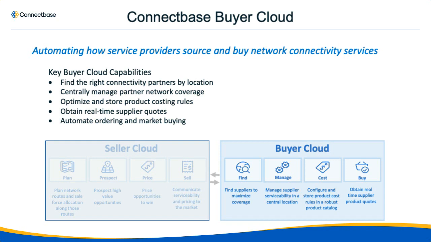And if you think about how this has traditionally been done, it's been done through a number of varying disparate tools, sometimes taking weeks or even months to put together a potential bid. And with Connectbase and the Connected World platform, you can turn those weeks or months into days or even hours in some cases. And so with that, let me hand it off to Carrie, who will walk you through some of the features, functions, and benefits of the Buyer Cloud.